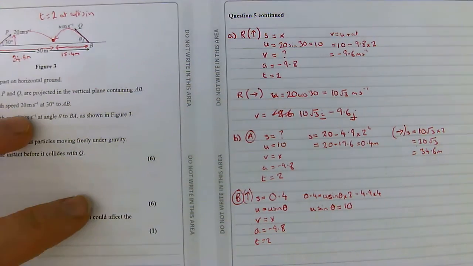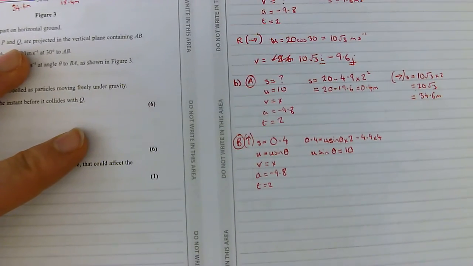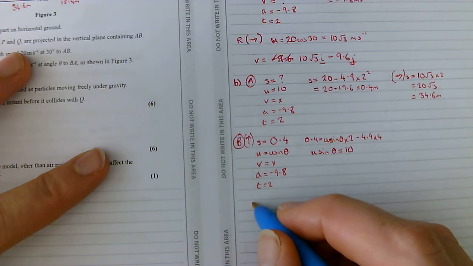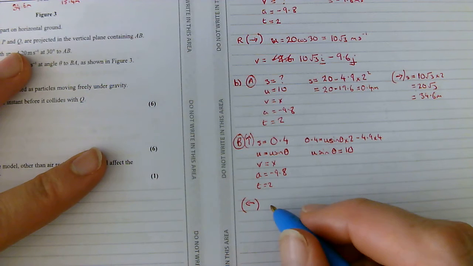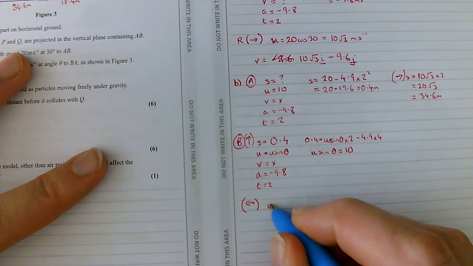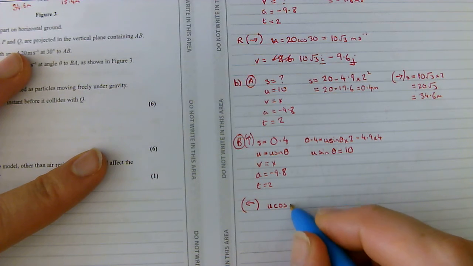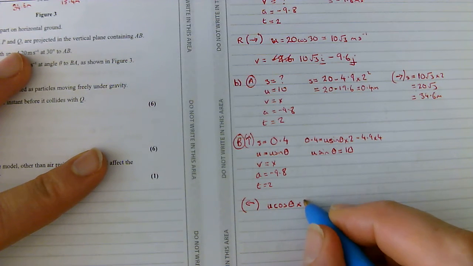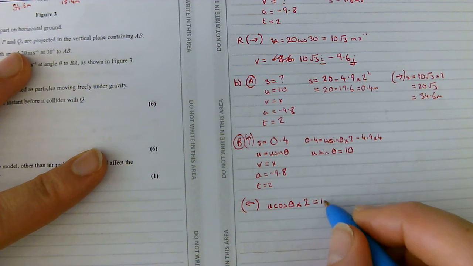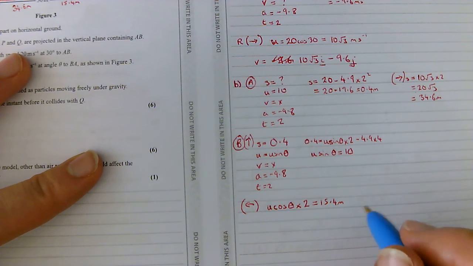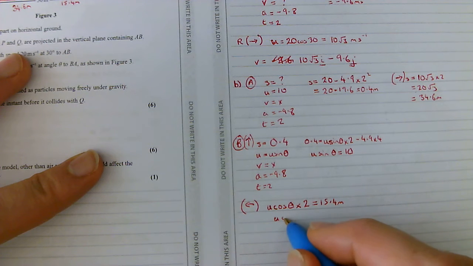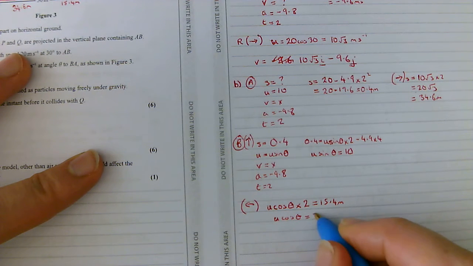Resolving horizontally, I know that the speed is U cos theta times 2 must give me my 15.4 meters. So I've got 2U cos theta equals 15.4. So U cos theta equals 7.8.